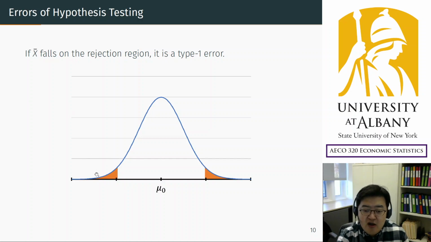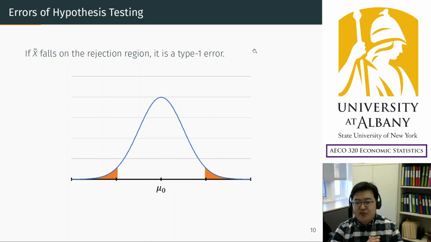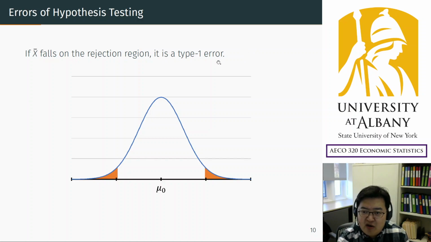So this area is the probability that your observation falls in the rejection region, on the lower side and the upper side. This probability will give you the type 1 error, right? Again, listen carefully. Type 1 error is when you reject the null hypothesis even if it is true. The null hypothesis is true; that's the condition.